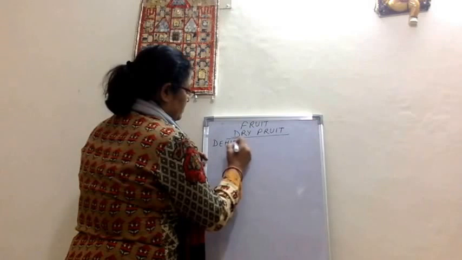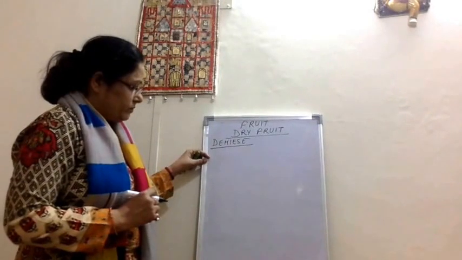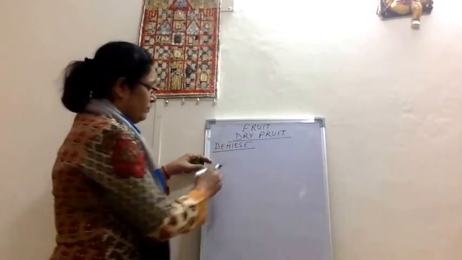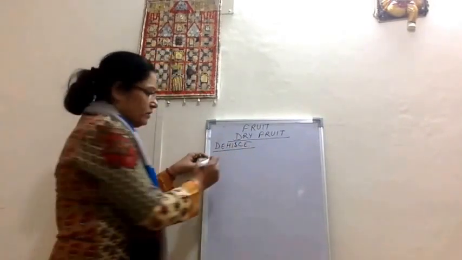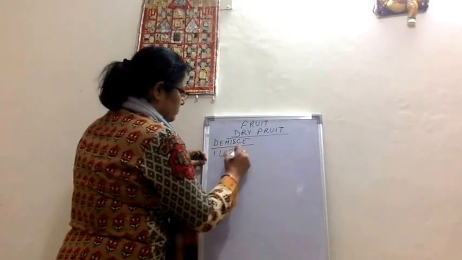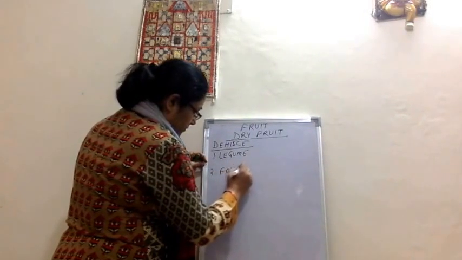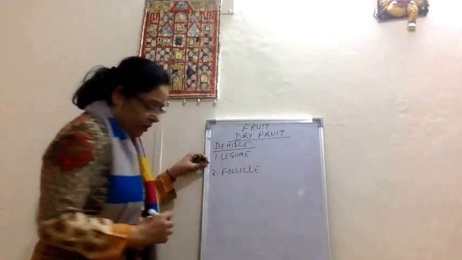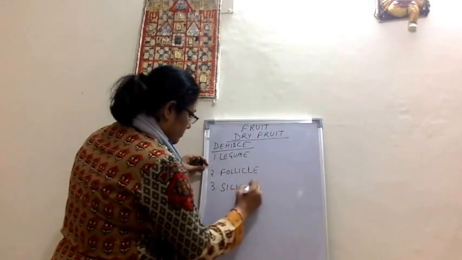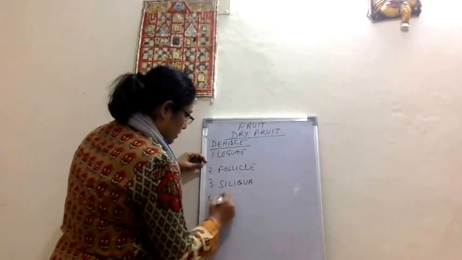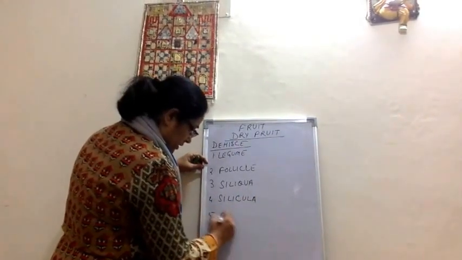Number one is legume. Number two, follicle. Siliqua, silicula, and fifth is capsule.